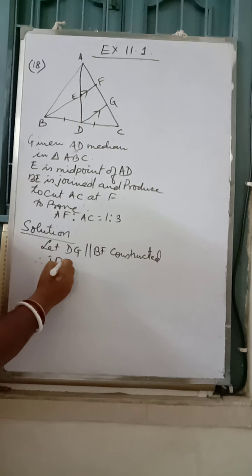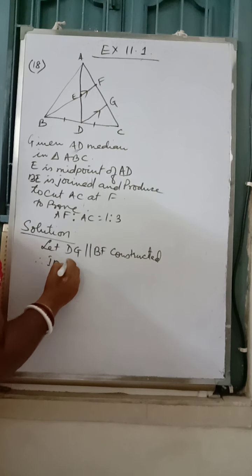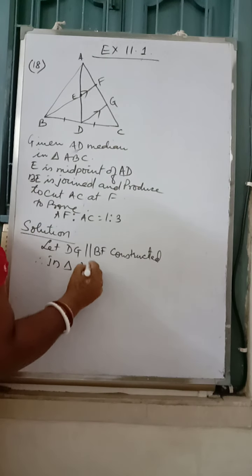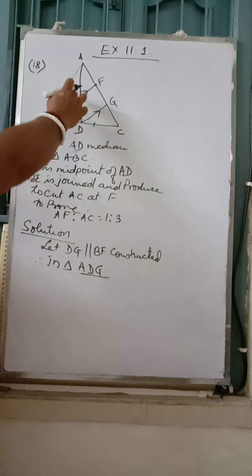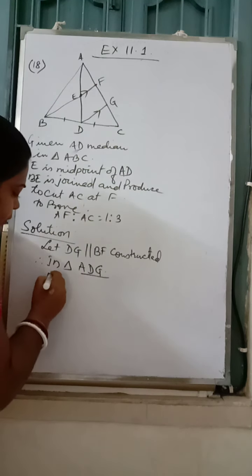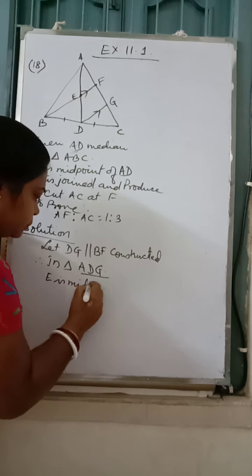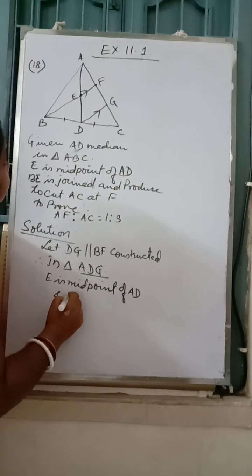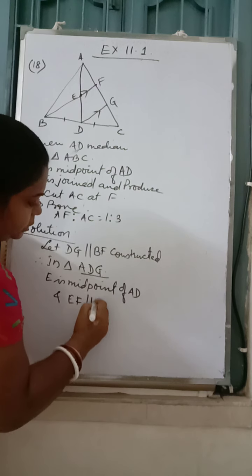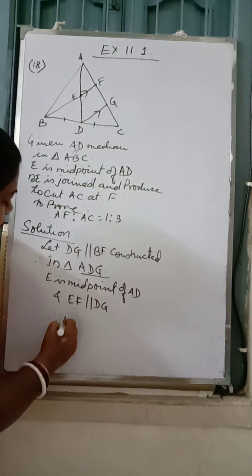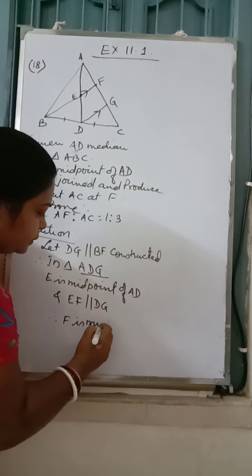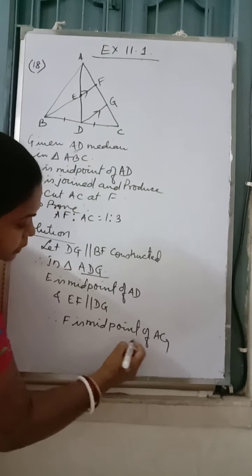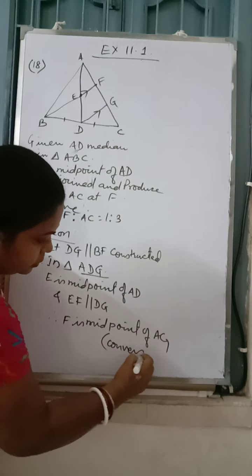So in triangle ADG, E is a midpoint of AD and EF is parallel to DG. So F is the midpoint of AG, by the converse of the midpoint theorem.